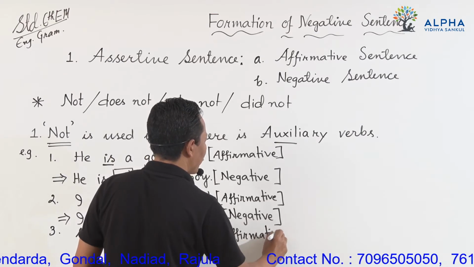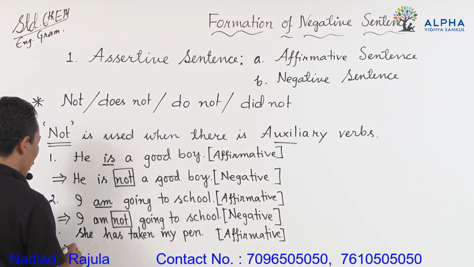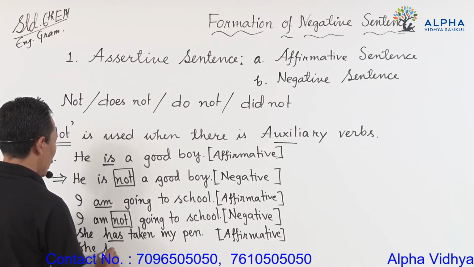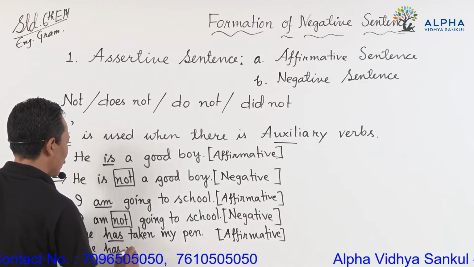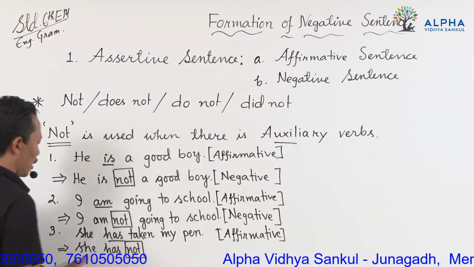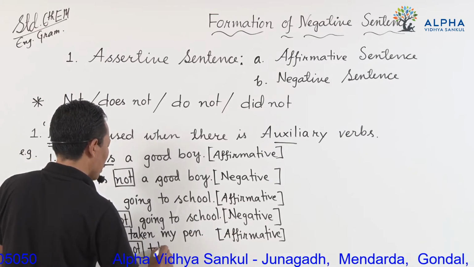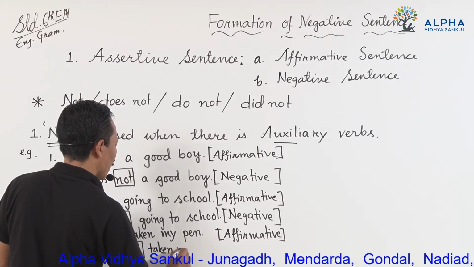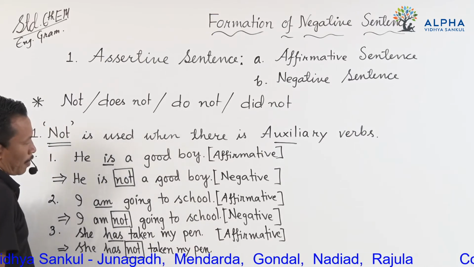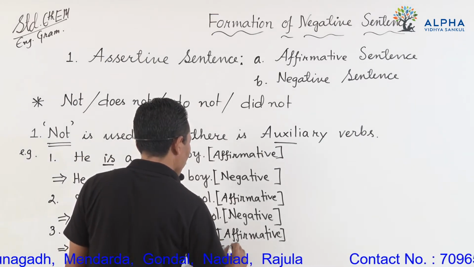If you want to change it into negative, has is here. You have to put only the word not. She has not taken my pen. Here it becomes a negative sentence.